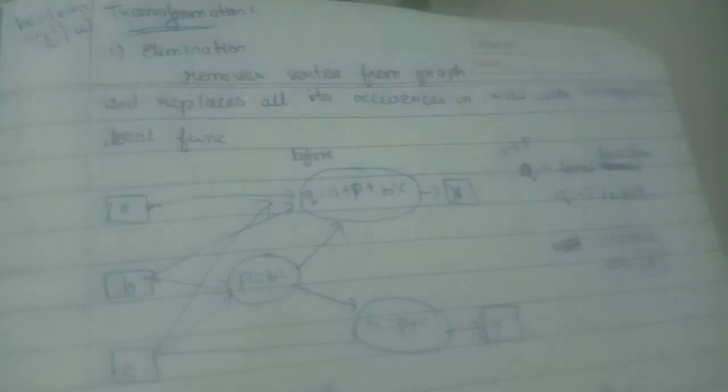This is called the Boolean logical network transformation. In transformation there are many techniques, but the main techniques we are discussing here are these. The first one is elimination, which means you eliminate the terms which are the same in both vertices.